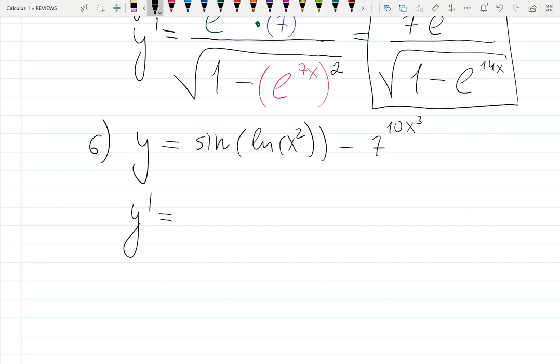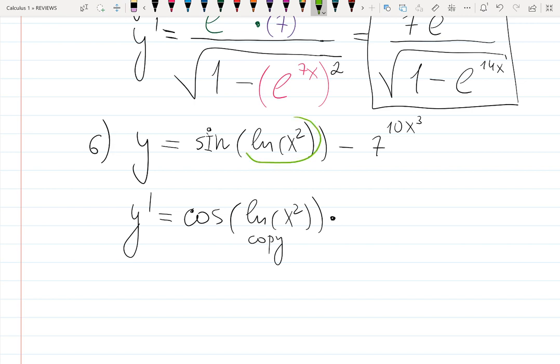Okay, let's see. So sine gives me cosine. I know that. Copy the angle. Don't change that. ln x squared. Just like with the Russian doll, you cannot enter that piece until you finish differentiating the piece outside. So basically we're taking the derivative at the previous step. So cosine at natural log of x squared. Now I look one step inside.